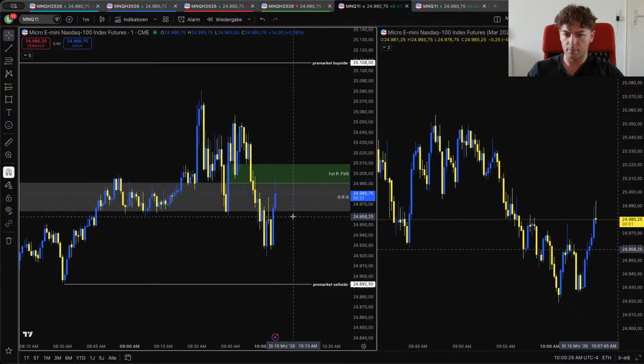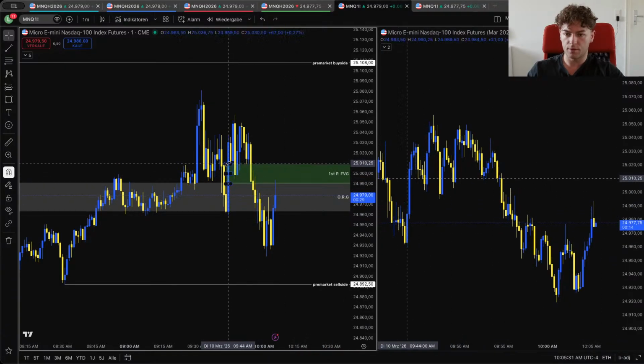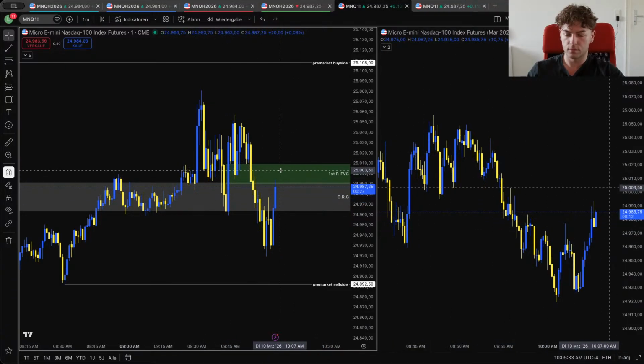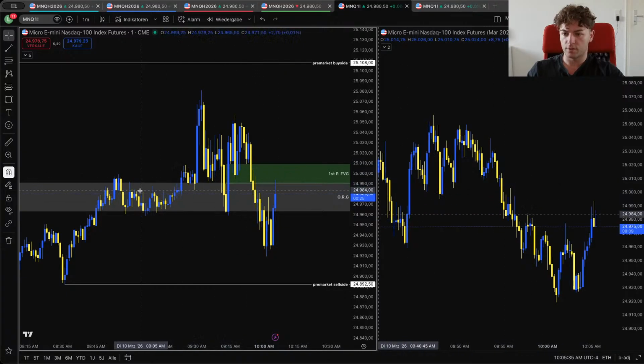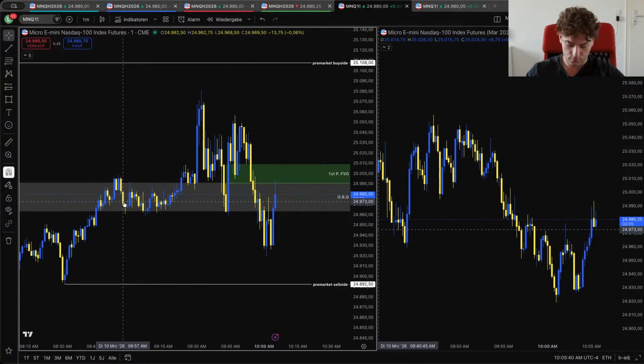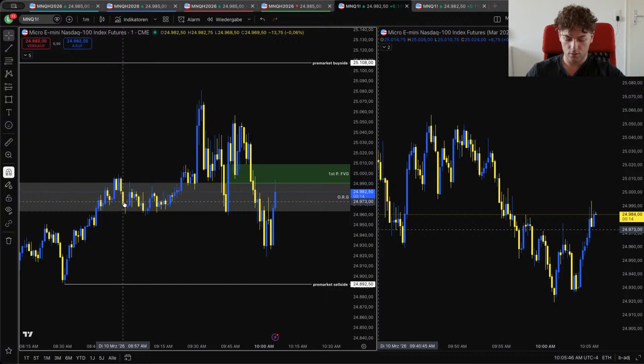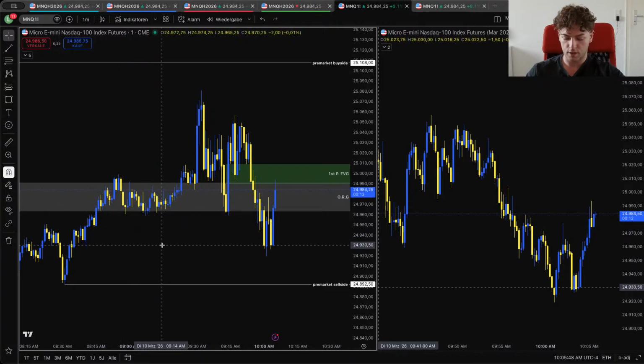if we can climb back up above this first percent fair value gap, that's also above the fair value gap that ICT mentioned 2 minutes ago. And MNQH retested RTH opening range gap low.